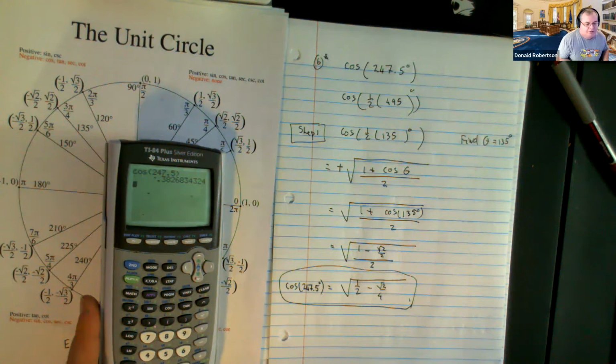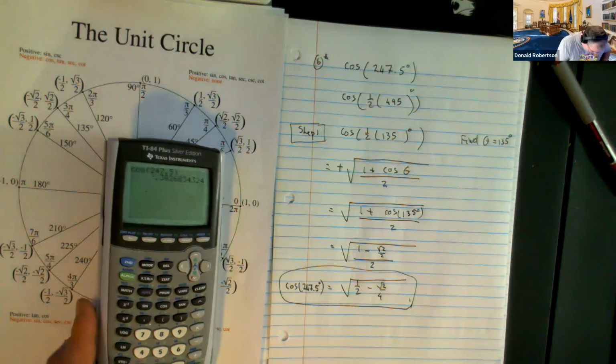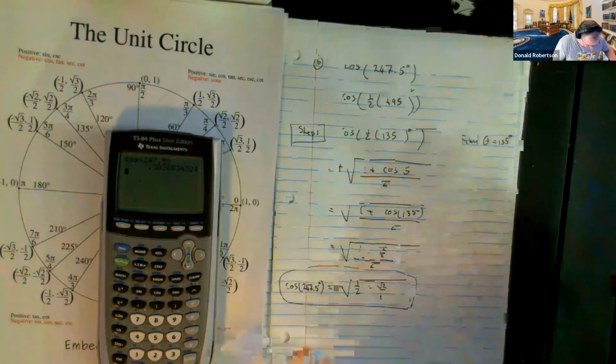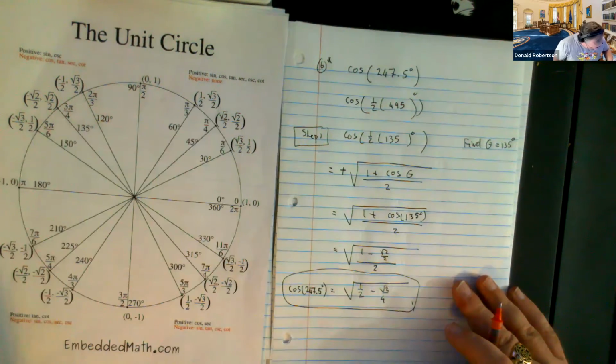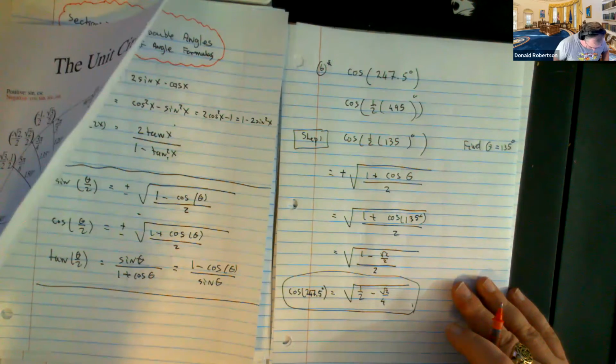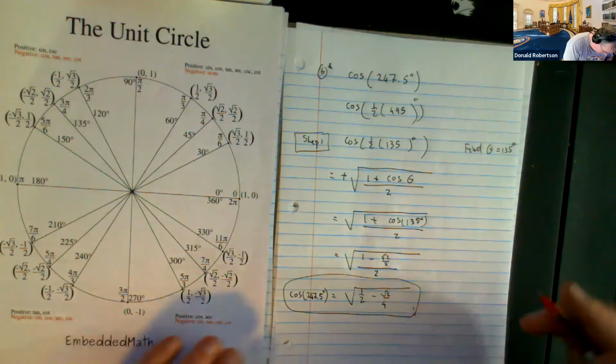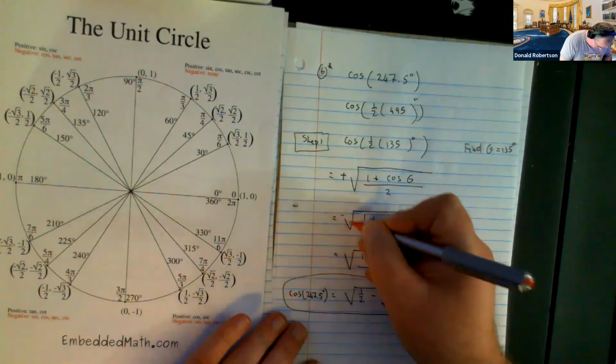That's not right. I know that's not right. The cosine is negative. Yeah, it's in quadrant 3. There we go. Fixed it.